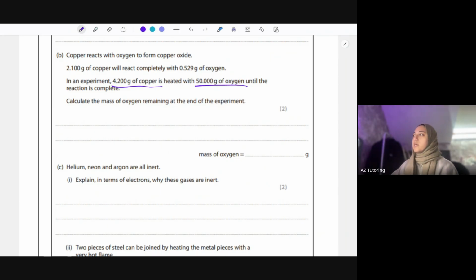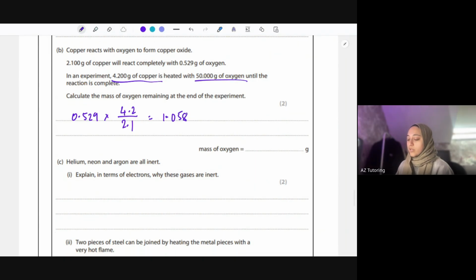So we're doing it in terms of percentages. So the oxygen 0.529, we're going to times that by the copper amount that we've got, which is 4.2, out of 2.1 from the one above. So we get 1.058.